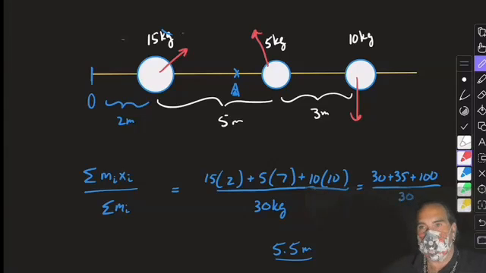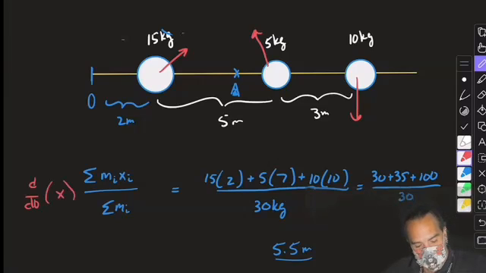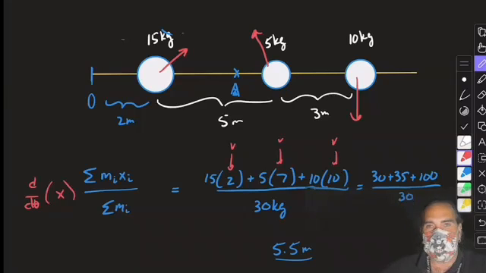They may want the velocity of the center of mass, which means taking the derivative with respect to time of the center of mass, changing these not to positions, but to velocities, and then calculating the velocity of the average center of mass of the system. That's a very likely question on the exam.